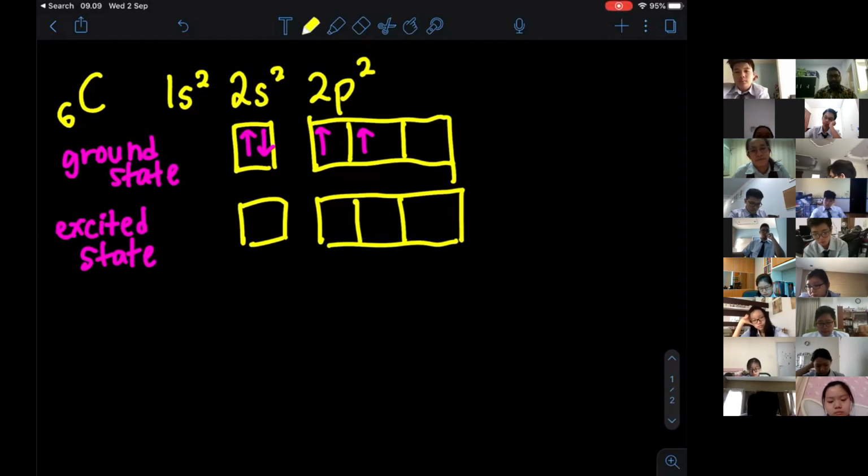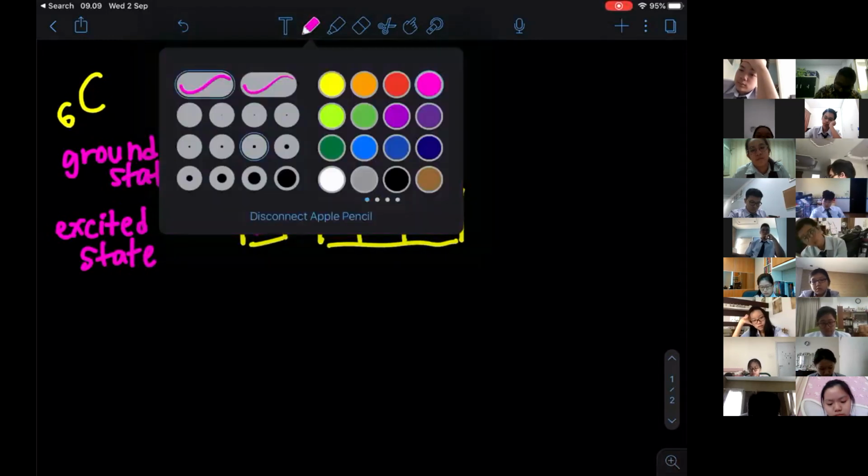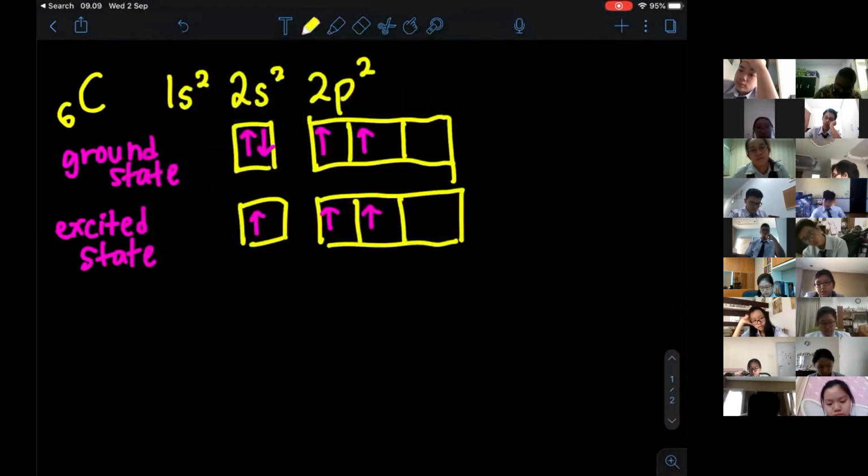If I put this one in yellow, this electron comes over here. This is the excited state, which happens whenever they are preparing for bonding.